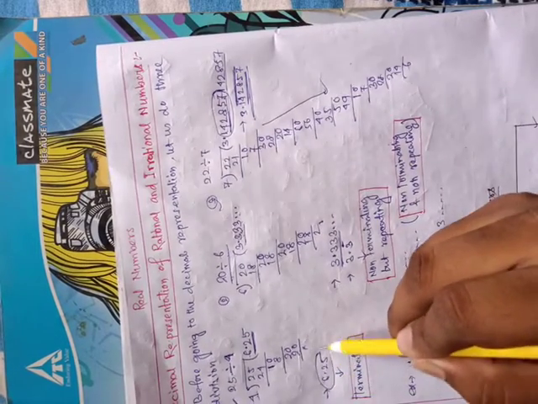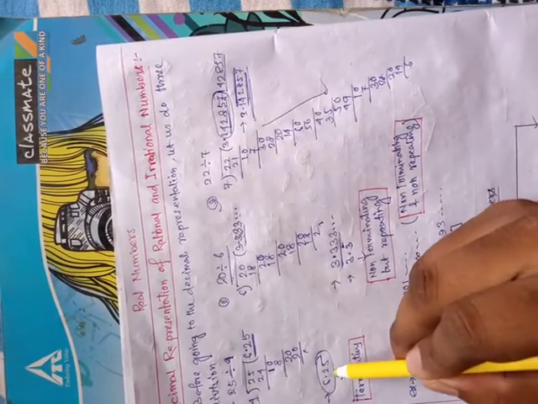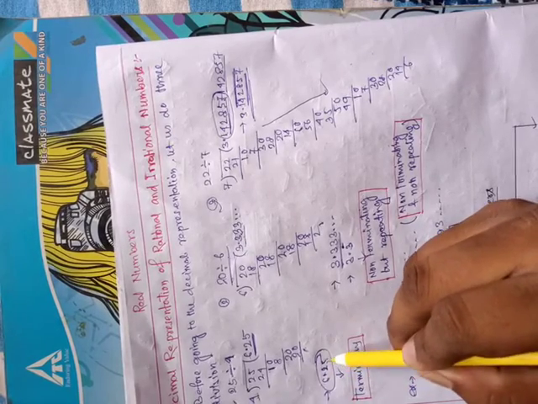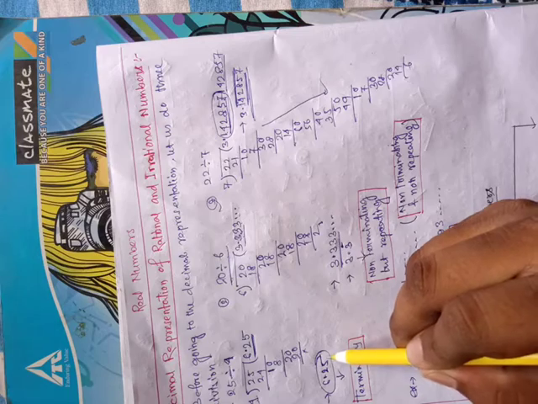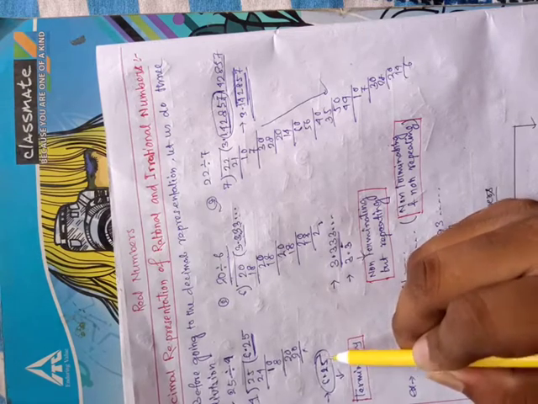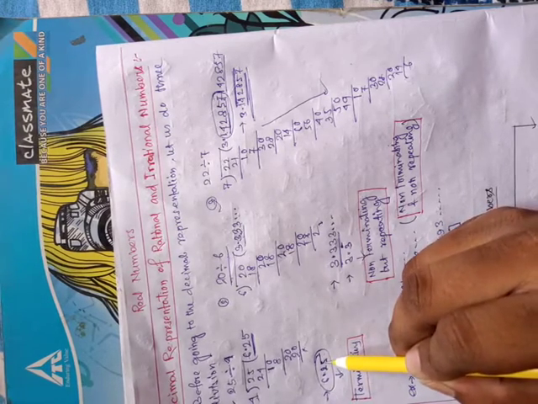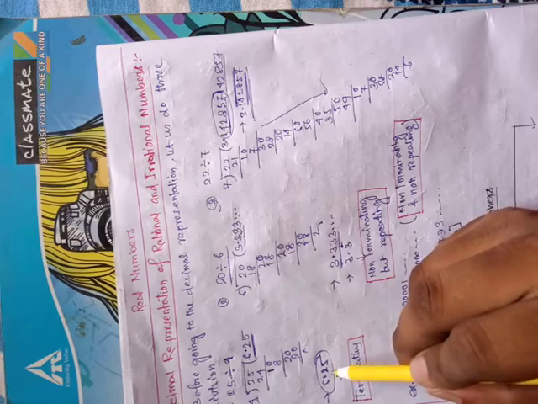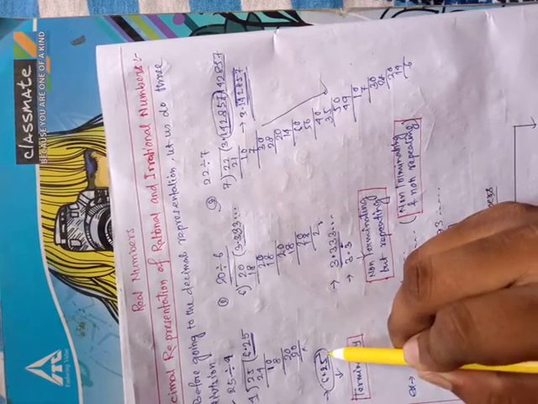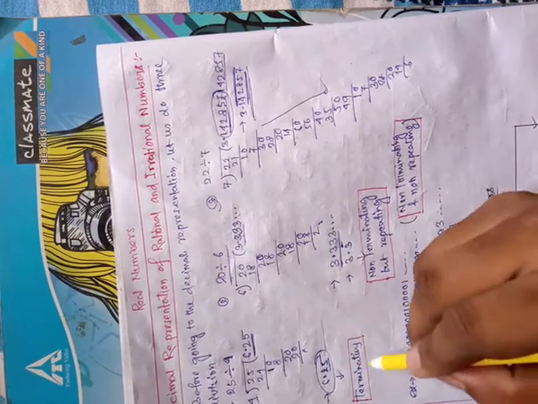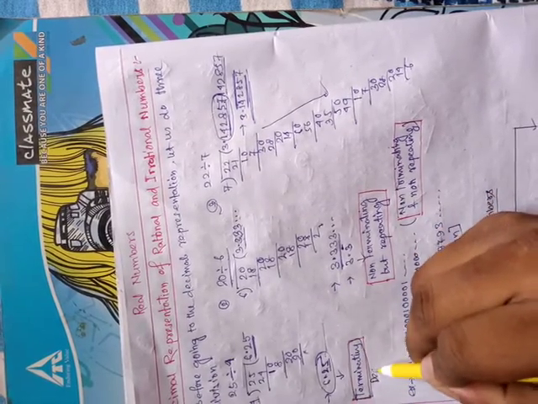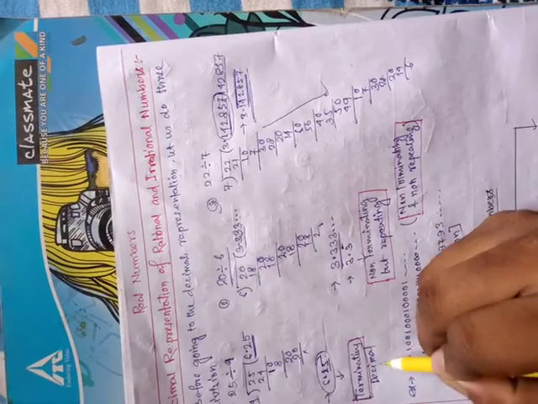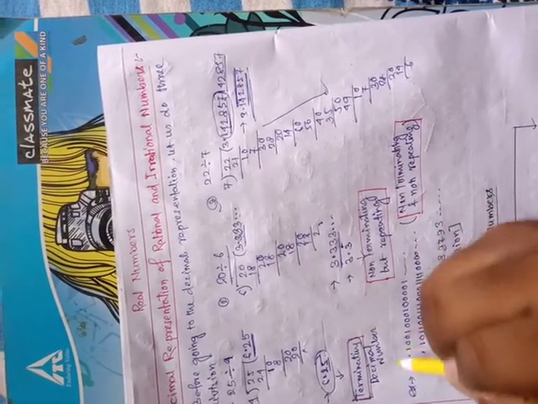The first answer is 6.25. After the decimal there are 2 digits, and then it is terminated, there are no more digits. So this expression is called a terminating decimal number. Understood?